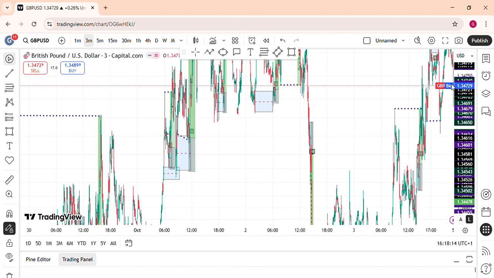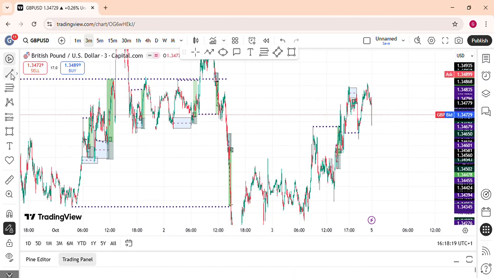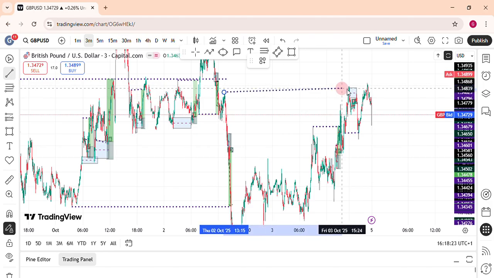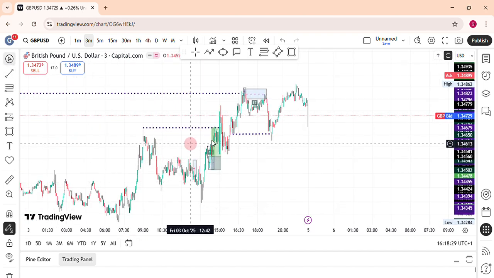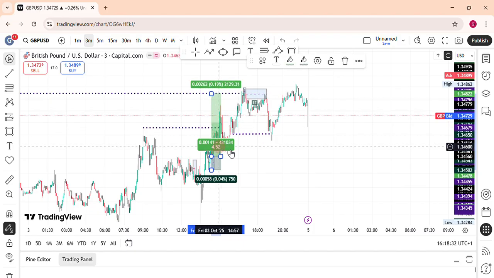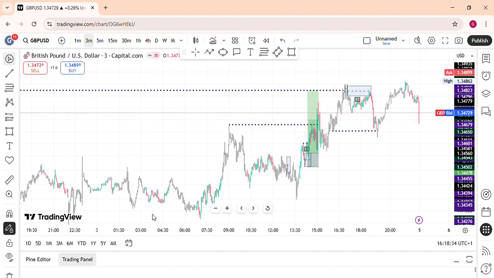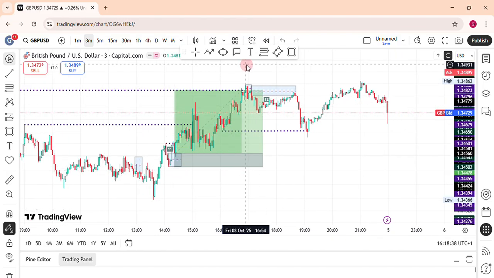You can also use this previous high here as your TP, and this is giving us a 4.52 risk to reward ratio for this trade. You can see it. Boom, we have our trade here.